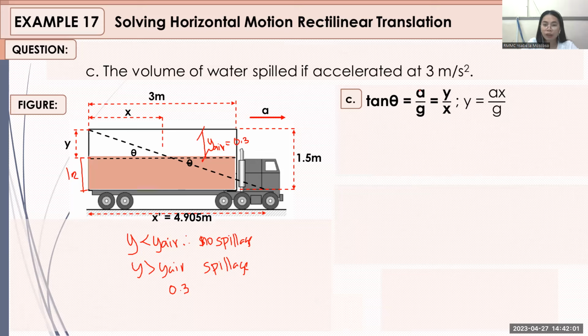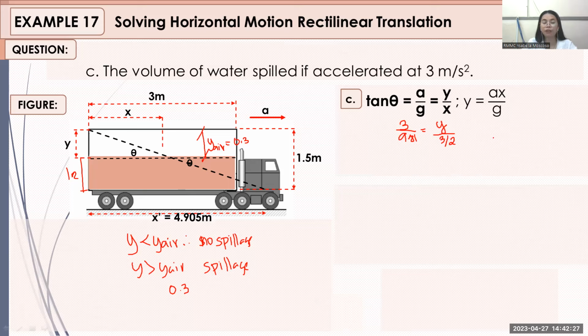So, dito, magbabago na yung value ng y natin, hindi na yung parehas kanina. It's because nagbago yung acceleration ninyo. So, ang mangyayari ngayon, ganito na. You have 3 as your acceleration divided by 9.81 is equals to y divided by 3 over 2.